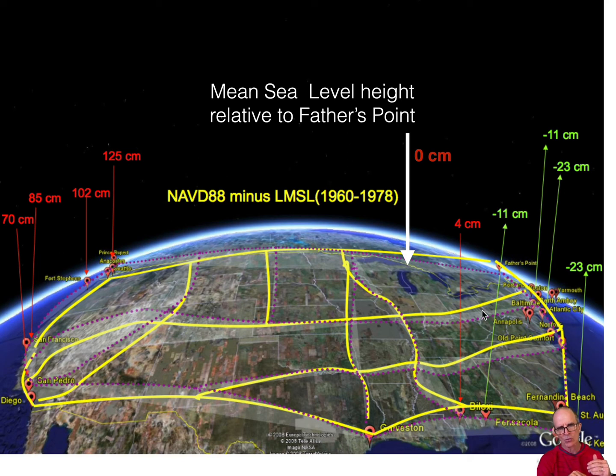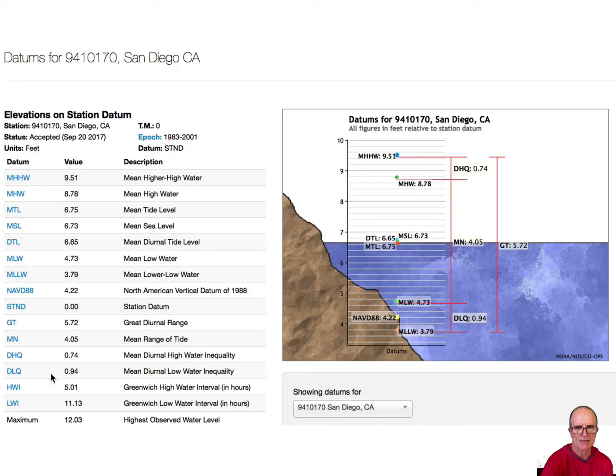So the water is at 1.25 meters, or about 4 feet. Well, mean sea level is at 4 feet of height up near Seattle here. There isn't the same thing everywhere. So if you want to look at heights near the ocean and how far above or below sea level something is, if it's going to get inundated or not, then you have to look at a local tide gauge that's been measuring for a long period of time and see where our standard height is relative to the sea level height.